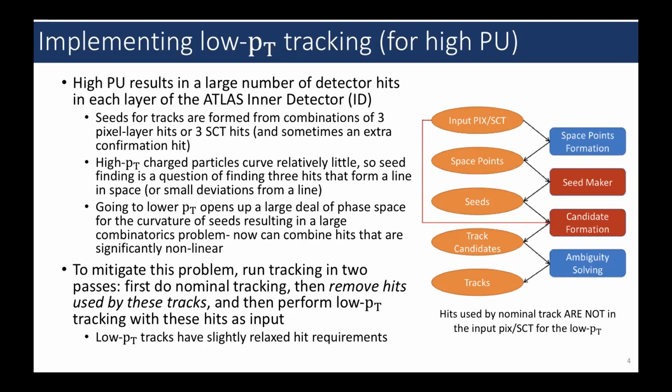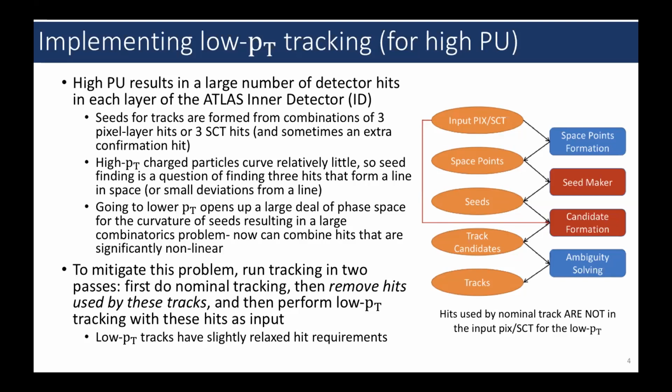High pT charged particles curve relatively little in the magnetic field, so seed finding is more or less a question of finding 3 hits that form a line in space or small deviations from a line. But as you open yourself up to lower and lower pT, a larger and larger amount of phase space opens up, and now you can find significantly nonlinear combinations of hits, resulting in a large combinatorics problem.